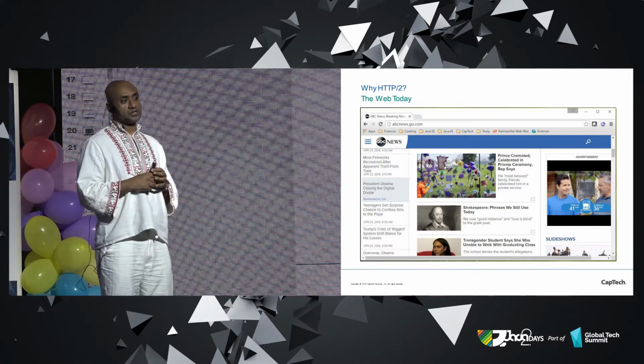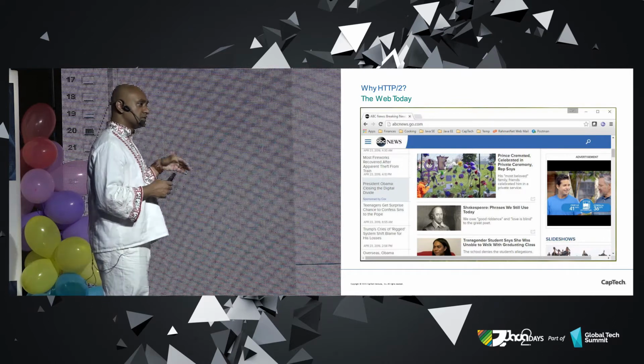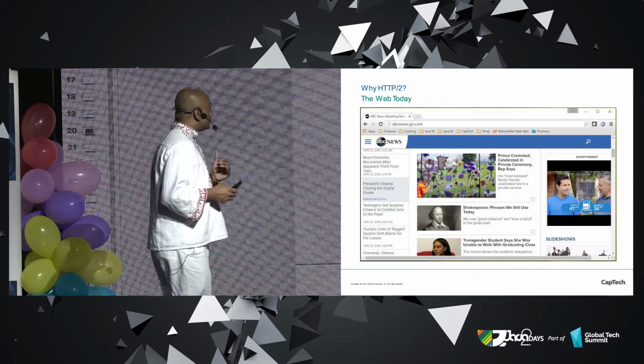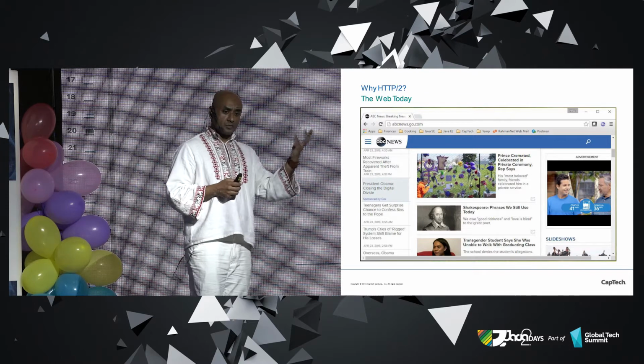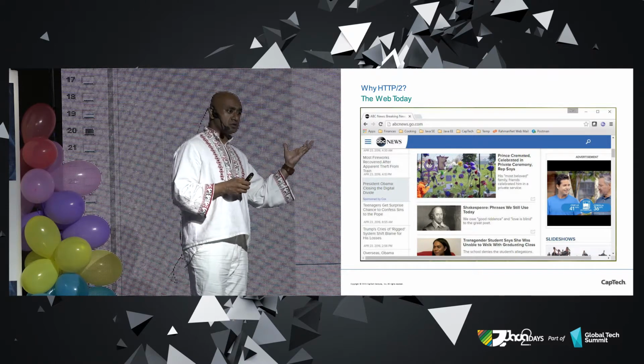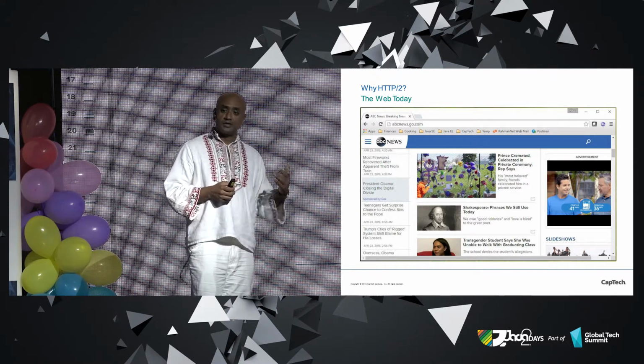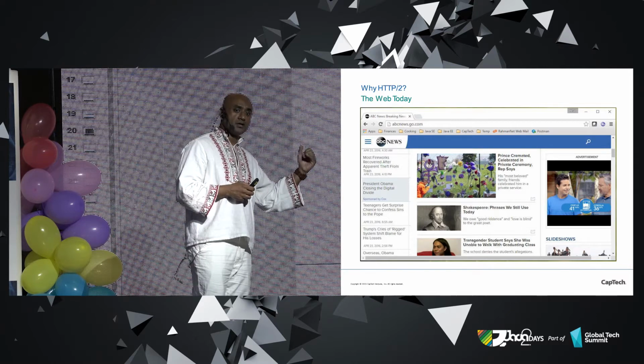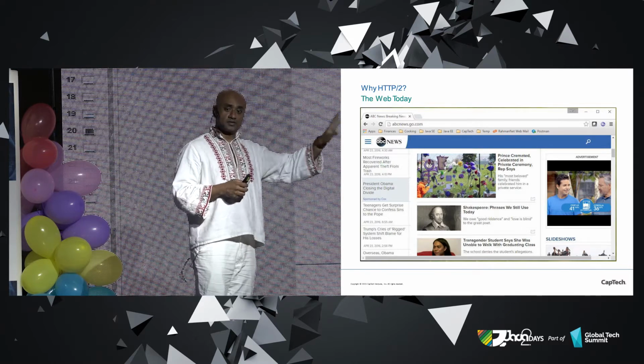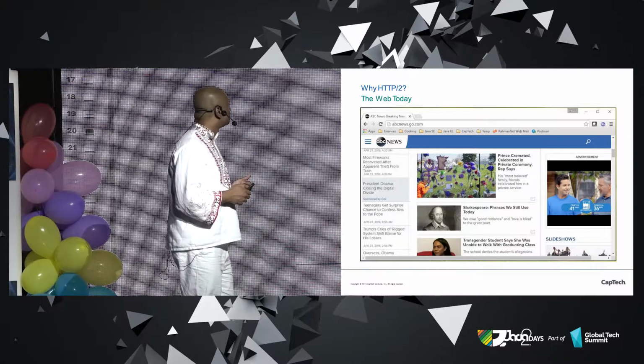Obviously, this is very, very wasteful, and we'll talk about why this is wasteful in a second. So, what HTTP2 fundamentally is about is taking stock of this new reality and adapting the HTTP protocol to optimize for this world as opposed to the world in the past.